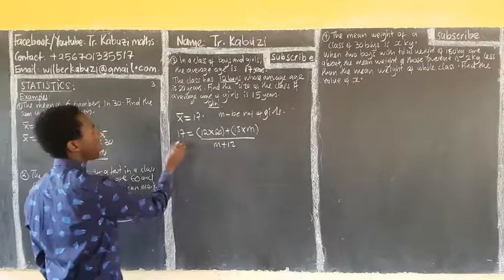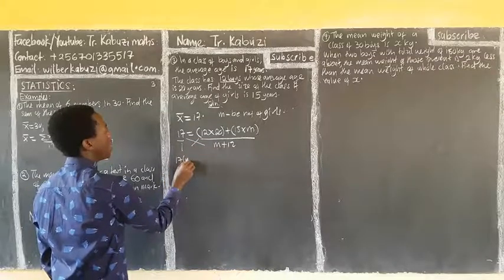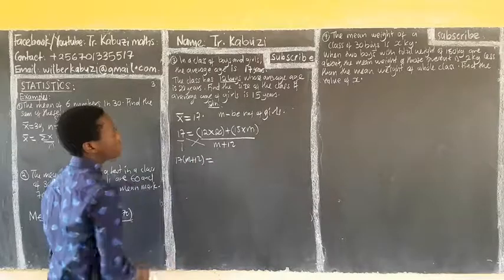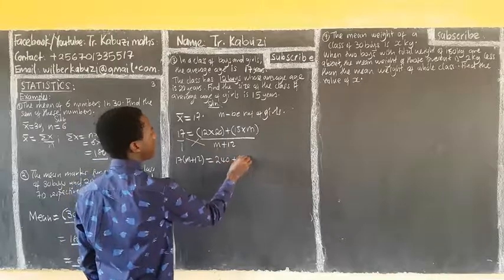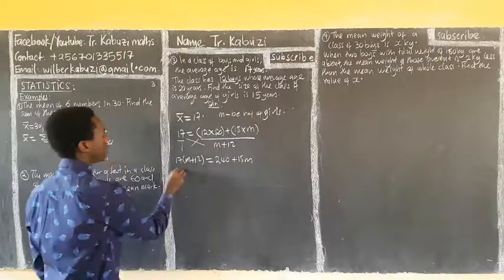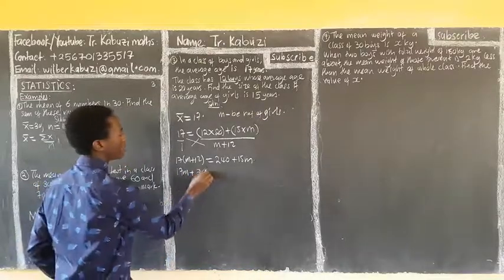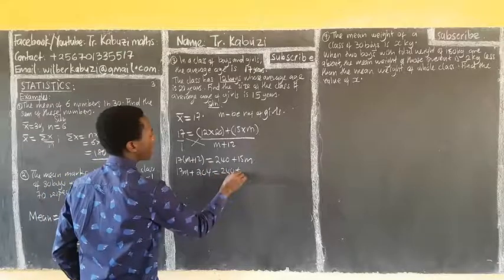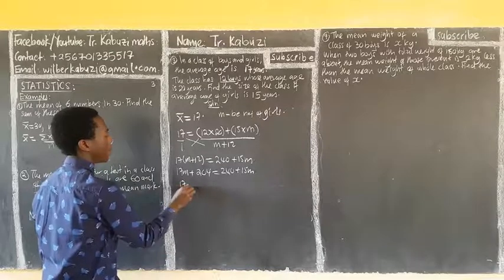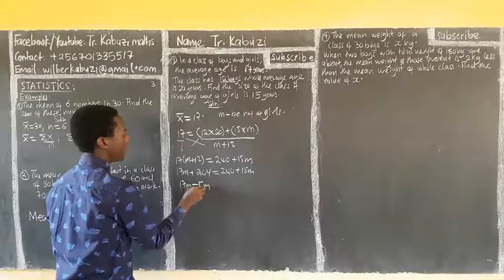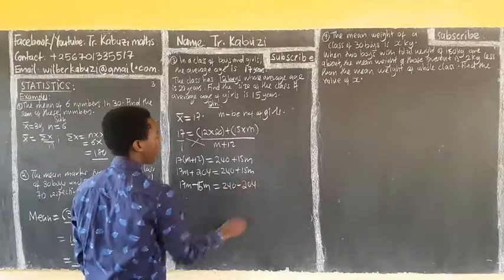So we could cross multiply here like this. We shall have 17 times m plus 12 equaling 12 times 20, which is 240, then plus 15m. So this is 17m plus, when we multiply there, 204, equaling 240 plus 15m. Can you collect like terms? We bring this side, we have 17m minus 15m equaling 240 minus 204.